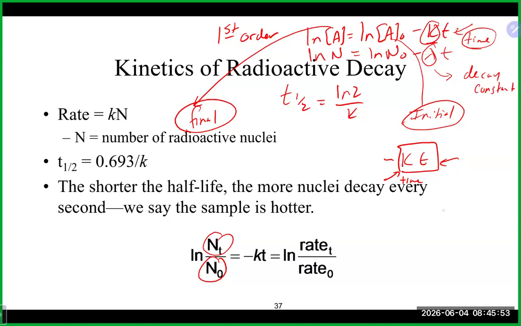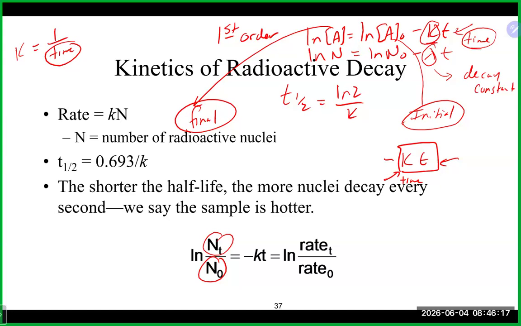Still the same thing as what we talked about with first order kinetics in the kinetics chapter. The decay constant is also 1 over some unit of time, 1 over seconds, 1 over hours, 1 over years. You know, it is that reciprocal unit of time that is the rate constant or the decay constant that is commonly used here.